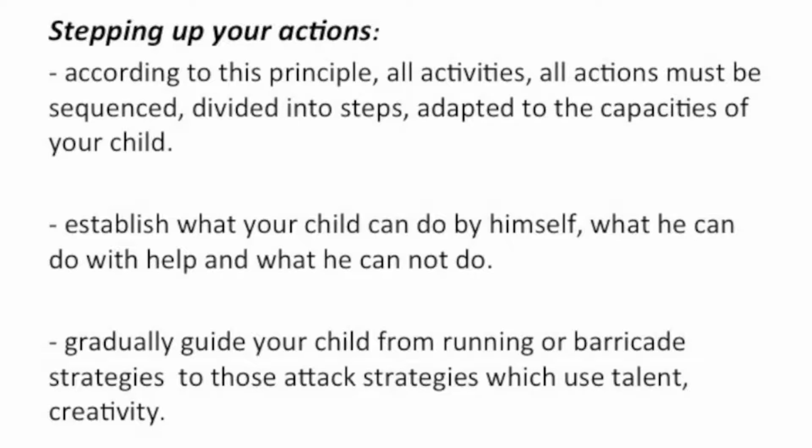The main question, which will help you to divide your project into many steps, is what your child can do by himself, what he can do only with your help, and what he cannot do. To answer this question, you may use some of the information obtained in step 1 and 2.